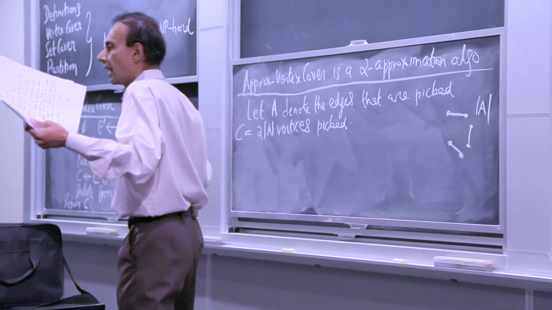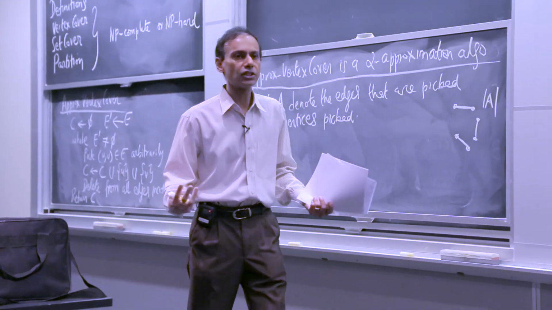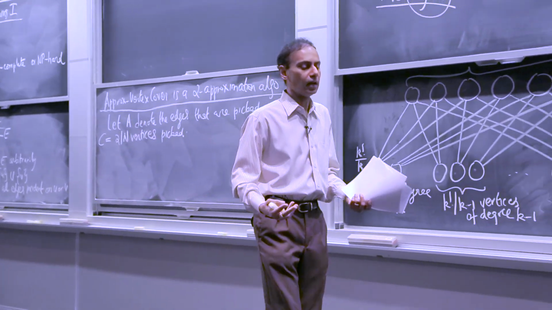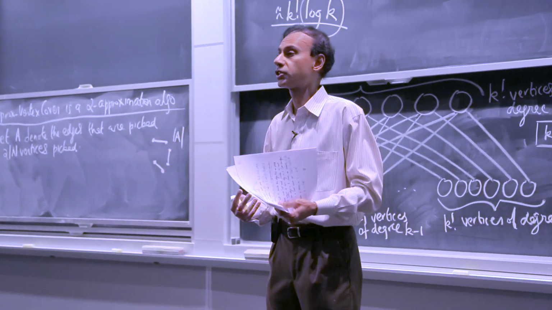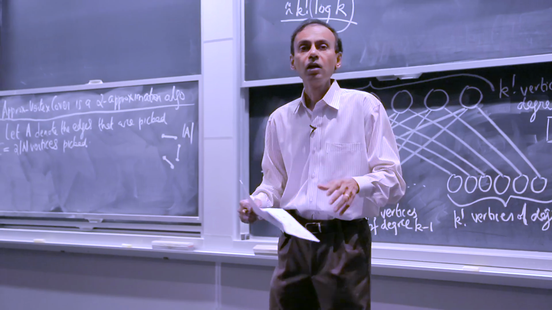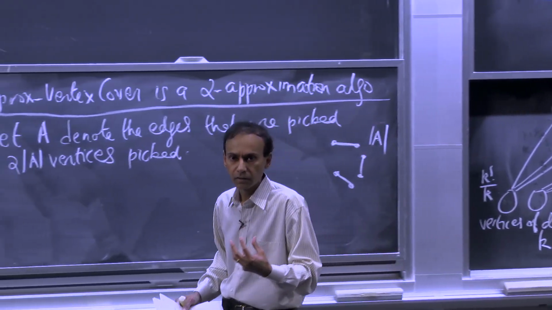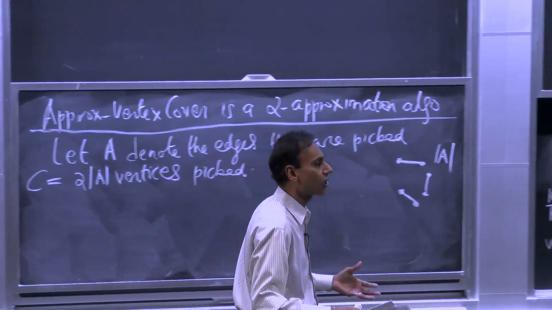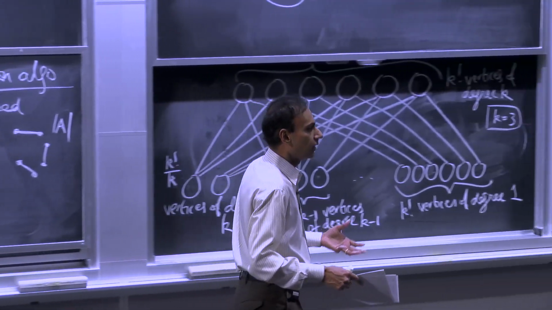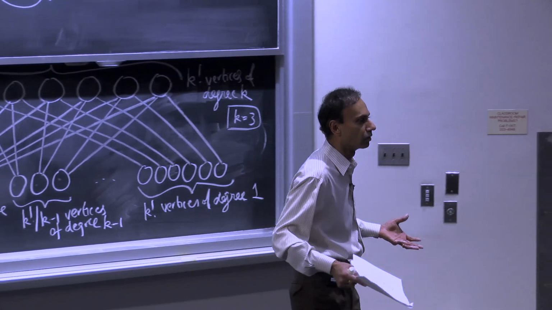Make sense? Because we are picking edges, there's no overlap, and therefore the cost is 2 times A, right? So as long as I can now say that C opt, which is the optimum, is less than or equal to A, right, I have my factor 2 approximation algorithm, right?